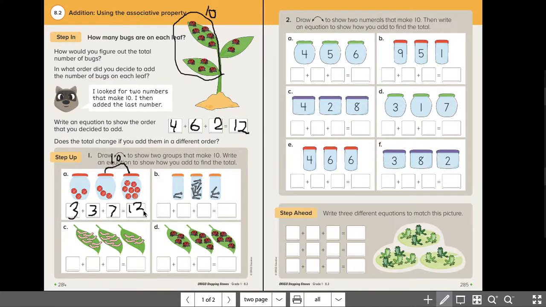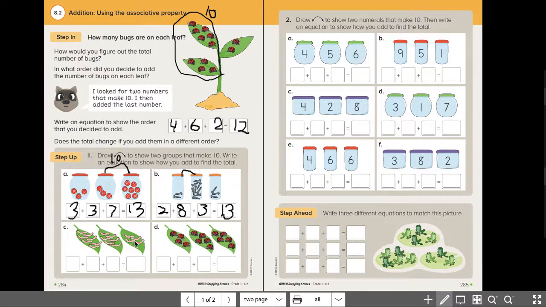Okay. All right, we have 1, 2, 3, 4, 5, 6, 7, 8. 8. And I have 1, 2, 3. Well, I know in my head 8 and 2 is 10. Plus 3 more would be 13.